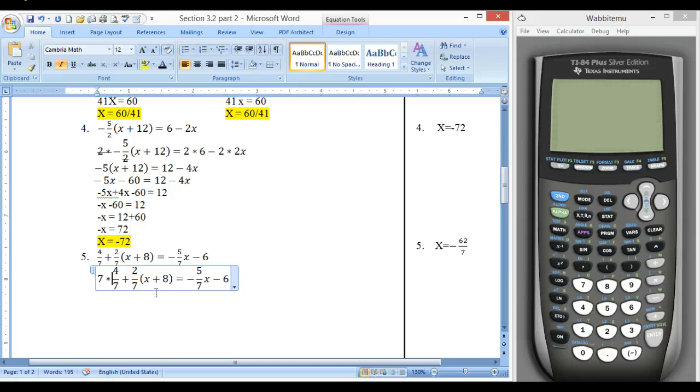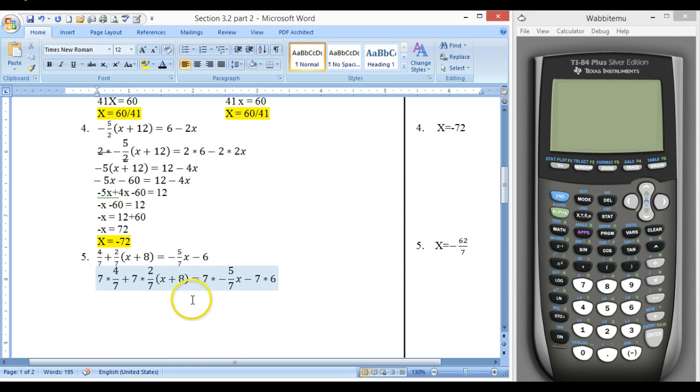7 times here. This is one term because it's combined with the parentheses. So I only need to do the 7 times out in front with this 2 7s. And then here, 7 times. These guys are not in parentheses, so both of them get the 7. Don't forget, both sides, every single term.